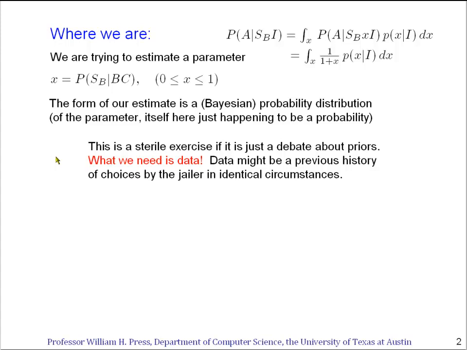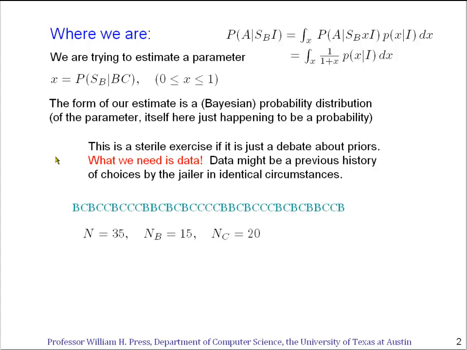Now, in this case, data might be a previous history of what the jailer said, whether he said B or C, given a whole bunch of different sets of prisoners under identical circumstances. I know that doesn't seem likely, but let's bear with it as a toy problem here. So here's what data might look like.